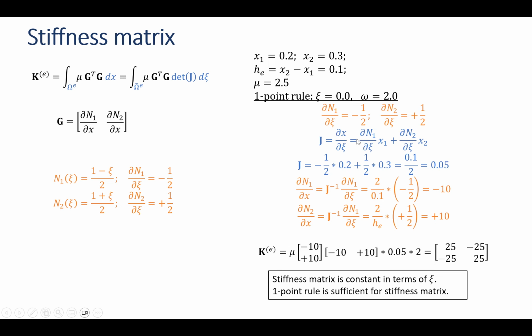Okay, so they are not a function of xi. That is why the stiffness matrix is constant in terms of xi. Since it is a constant, we need only one Gauss point for calculating the stiffness matrix accurately. So this is like a constant matrix. Each entry in the stiffness matrix is constant. So we need only one Gauss point to evaluate the integrals.